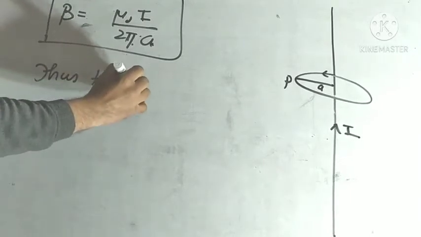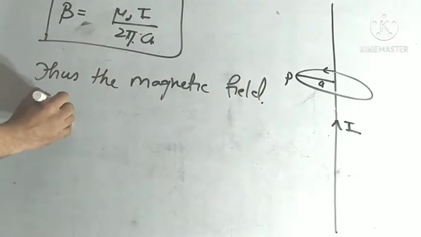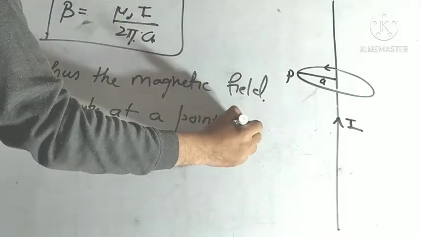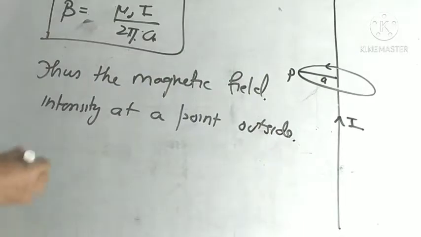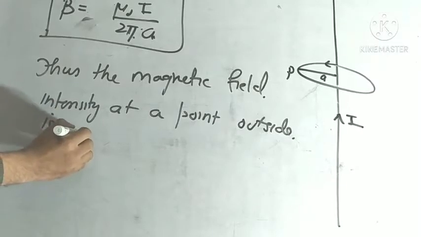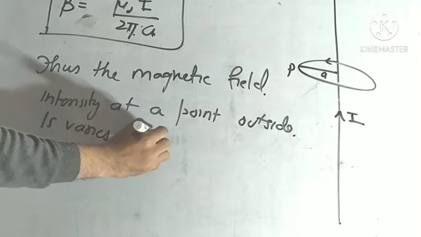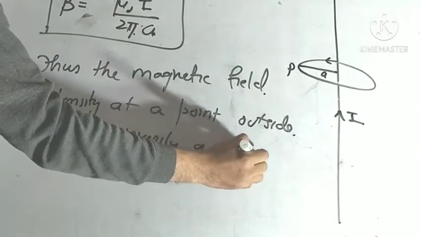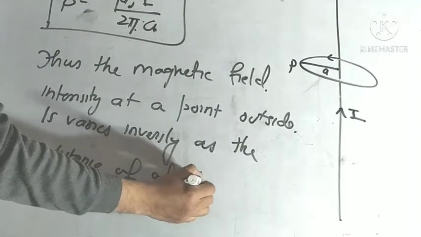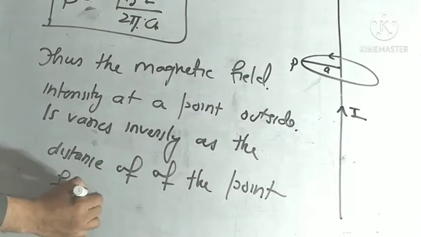Thus the magnetic field intensity at a point outside varies inversely as the distance of the point from the axis of the wire.